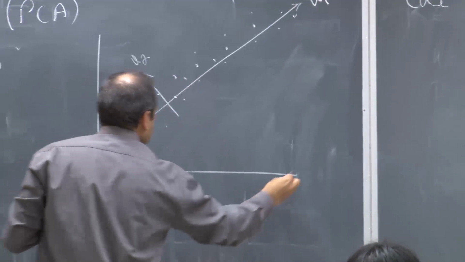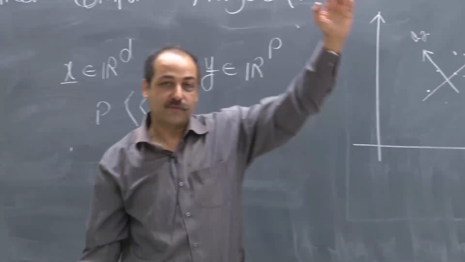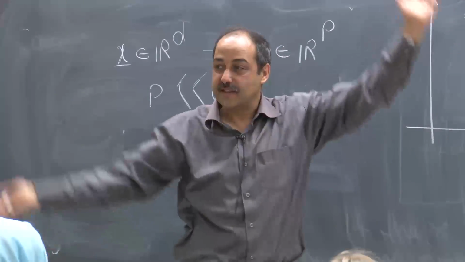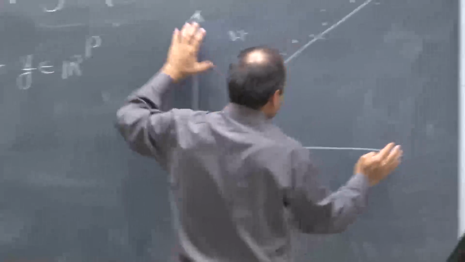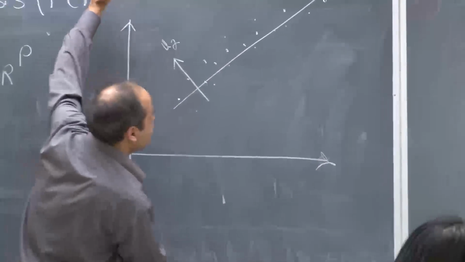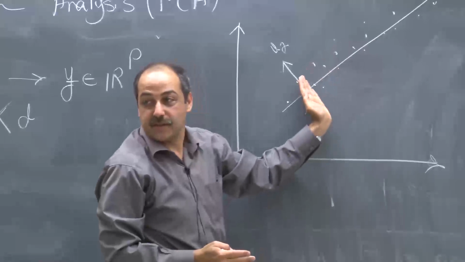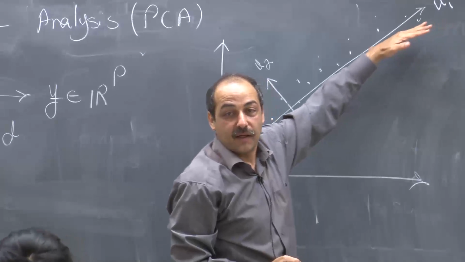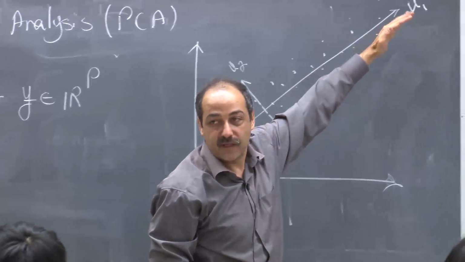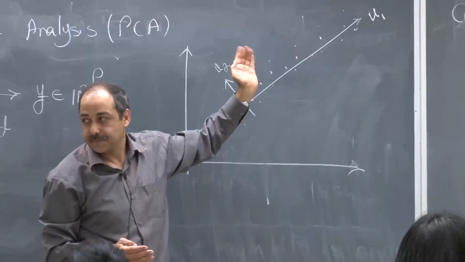So PCA can also be seen as a sort of rotation of the coordinate system. I have data in this coordinate system. PCA rotates this data to a new coordinate system such that my main coordinate is in the direction of maximum variation, the second one is in the direction of second maximum variation, and so on.